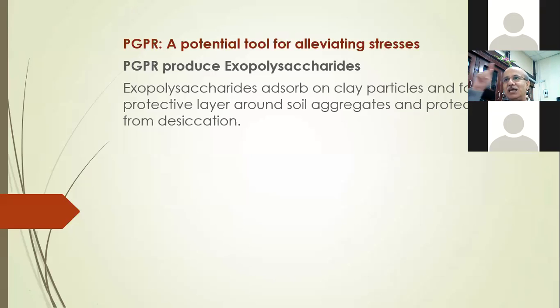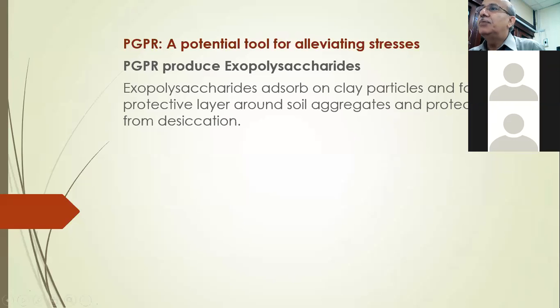So when that layer surrounds the soil aggregates, the moisture from inside the soil aggregate does not come out, or it loses moisture at a lesser rate, right? So it is effective against drought conditions. So in this way, the plant is protected from desiccation.